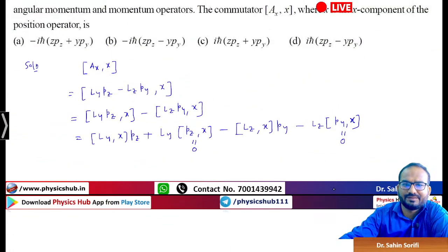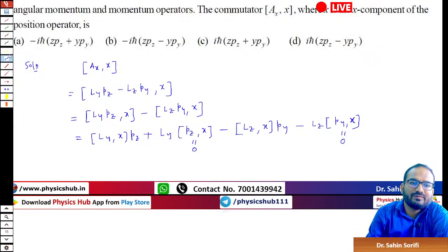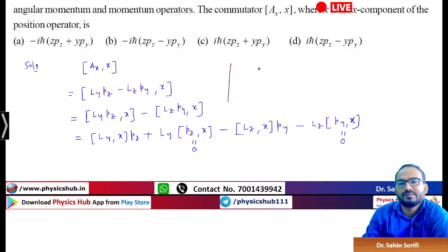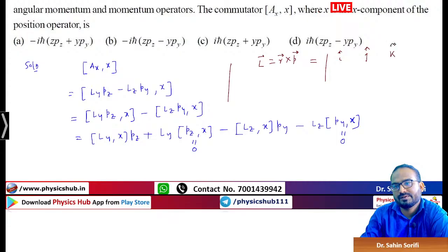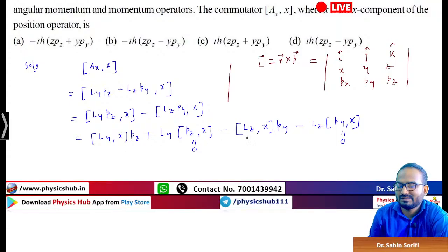Now what is Ly? We have already done this problem. L is equals to R cross P, that is i cap, j cap, k cap, x, y, z, Px, Py, Pz. Look, we do not know direct commutation relation between x and Ly, x and Lz. So we have to go with this approach.